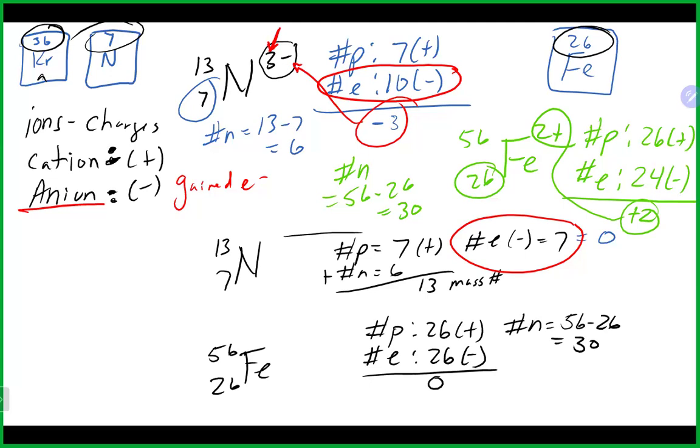That is a positively charged ion, a cation. And once again, if we compare the electrons in the neutral, which is 26, to the electrons in the one with the charge, which is 24, it actually lost electrons. So cations are things that will lose electrons.